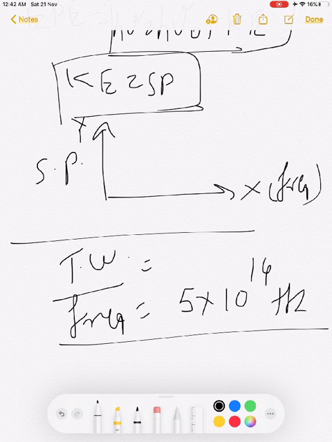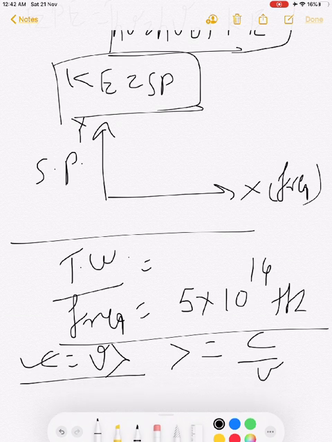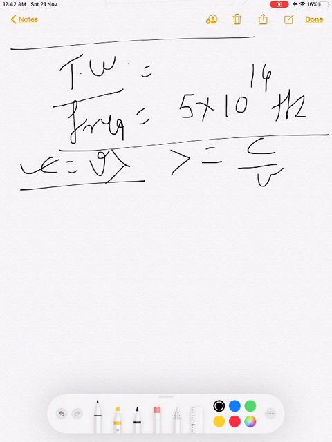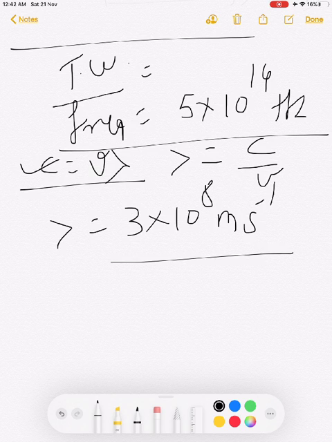We know the formula c is equal to mu lambda, where c is the speed of light, mu is the frequency, and lambda is the wavelength. So lambda is equal to c upon mu. Putting in all the values, c is a constant, 3 into 10 raised to 8 meter per second, and mu, the frequency, is 5 into 10 raised to 14.